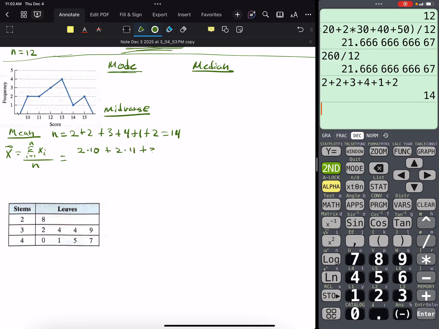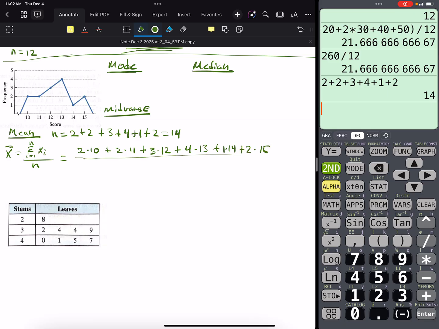Changing it up just a little bit, I have 3 12s, and I have 4 13s, 1 14, and then 2 15s.